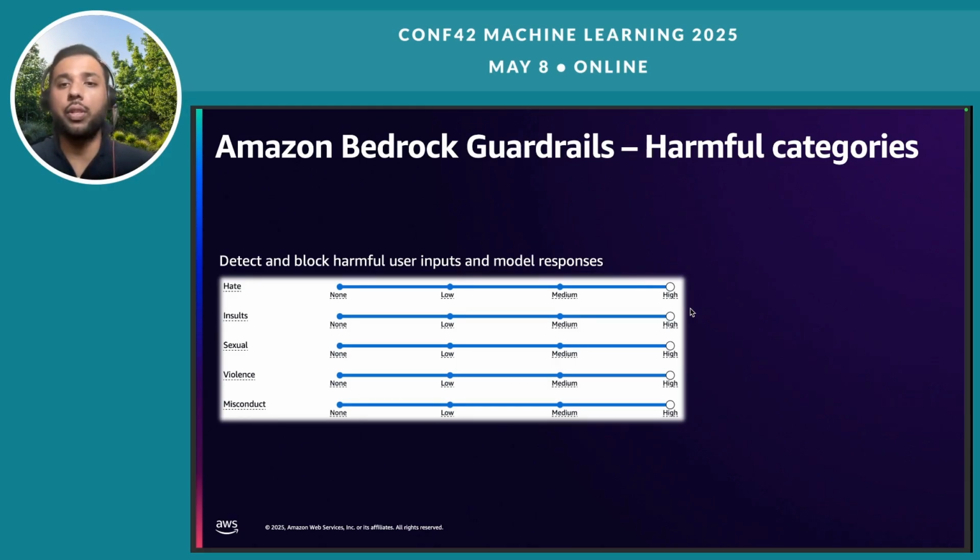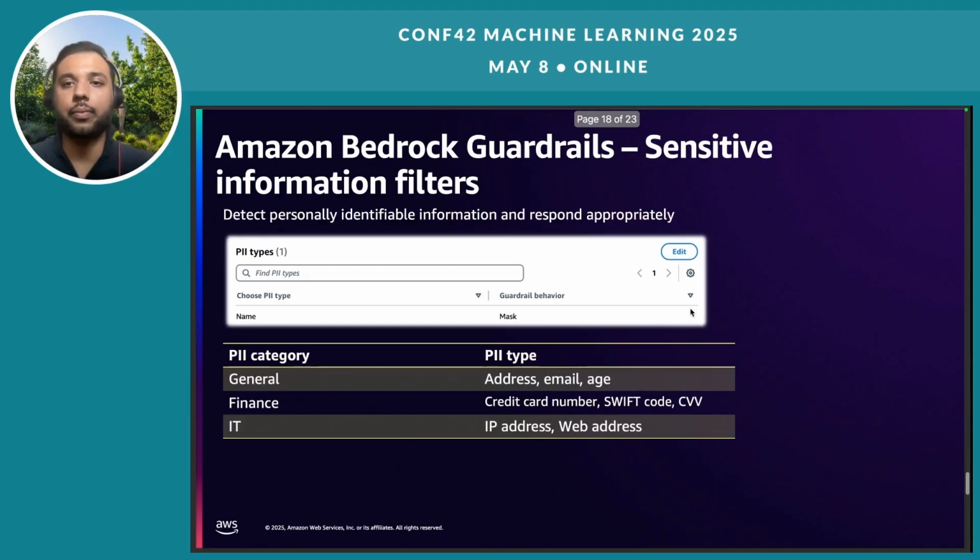If it's a genuine question, you want the LLM to answer it. So it's very important to test this, by selecting the right configuration settings in the guardrails, and then ensuring while testing different questions that can be asked by the customer that appropriate answers are given by the LLM. So this is always a test and iteration process that one should follow.